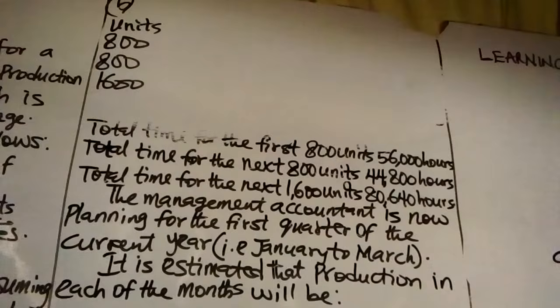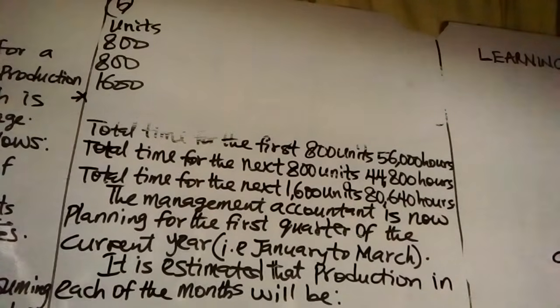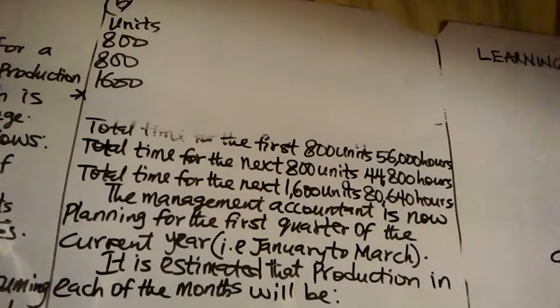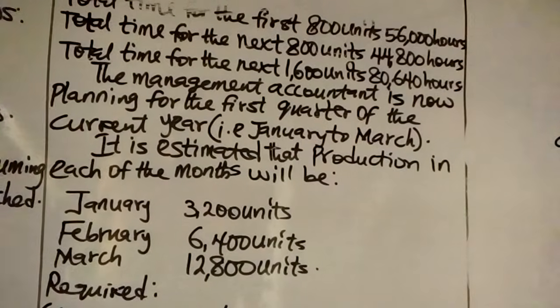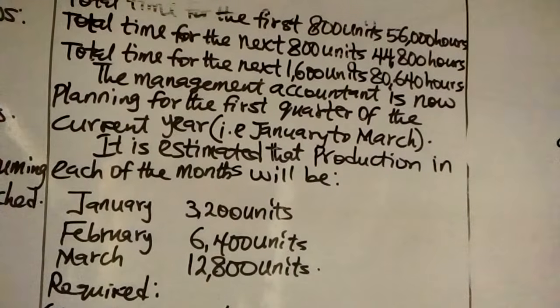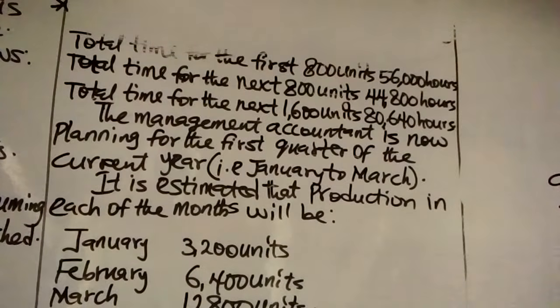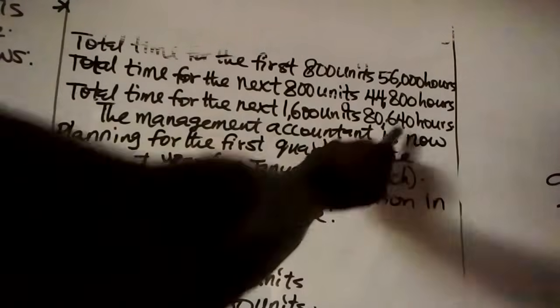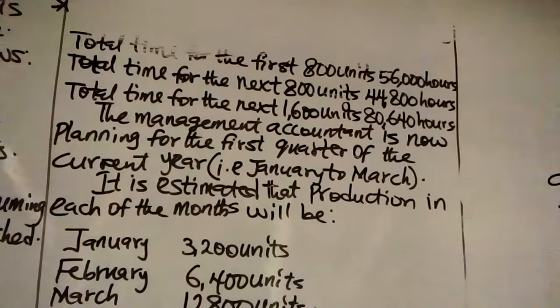Then for January you are given 3,200, February 6,400, March 12,800. Remember these hours, which have been used to calculate the cumulative hours: 56,000, 100,800, and 181,440. Take note of that. It will be used.